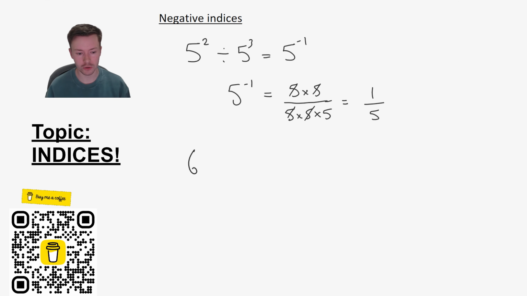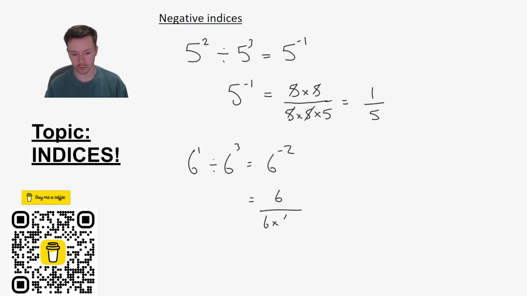That's going to be really beneficial. Okay, so let's try 6 to the power of 1, or just 6, divided by 6 cubed. Now using the index laws again, that's going to give me 1 take away 3, which is negative 2. So again, it's not negative 1, but let's see what happens here when we decrease the power. So I'm going to get 6 on the top divided by 6 times 6 times 6.